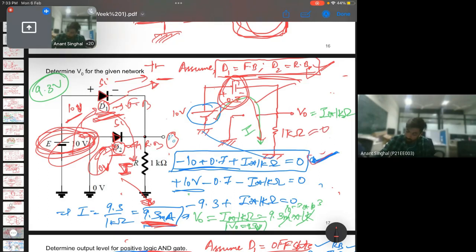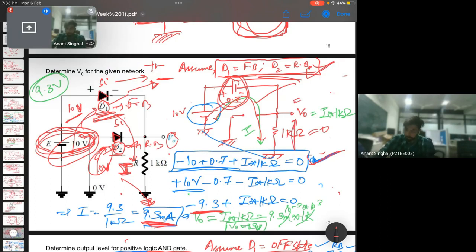So this was the equation, and after solving this, we got a positive current, which proved that our assumptions were correct, that this diode D1 is in forward bias and this diode D2 is in reverse bias. And once our assumption was correct, we just needed to calculate V naught, which was nothing but the voltage across it.